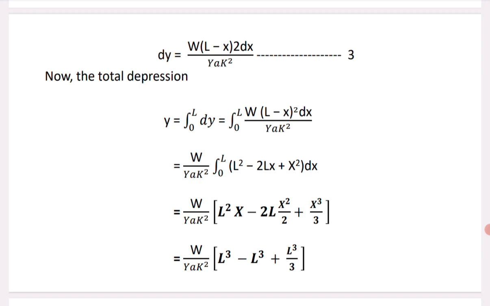Then applying the upper limit and then the lower limit, the integration of L² − 2Lx + x² dx becomes L²x minus 2L, where x is there.